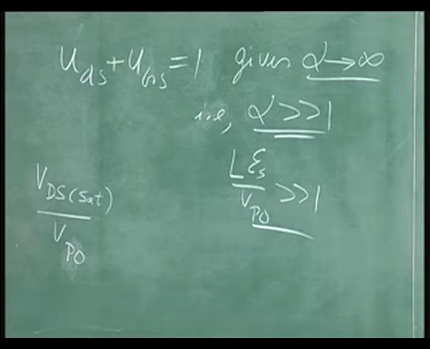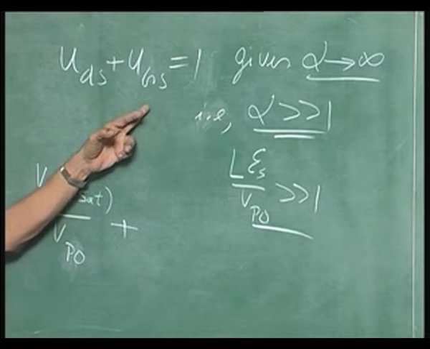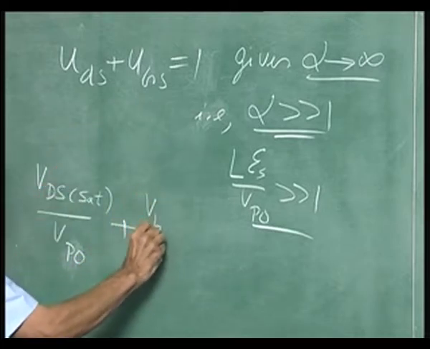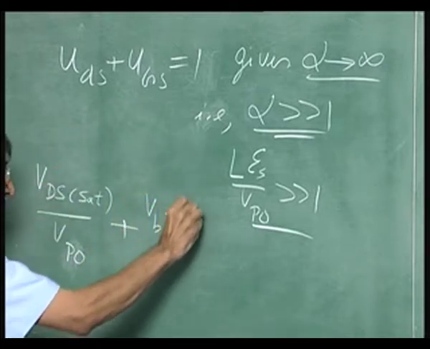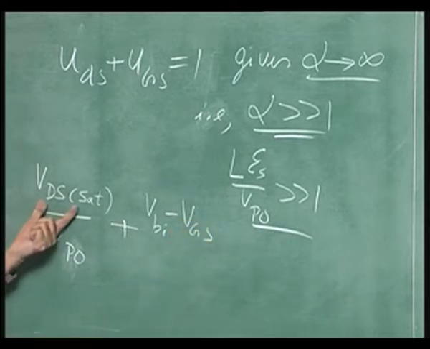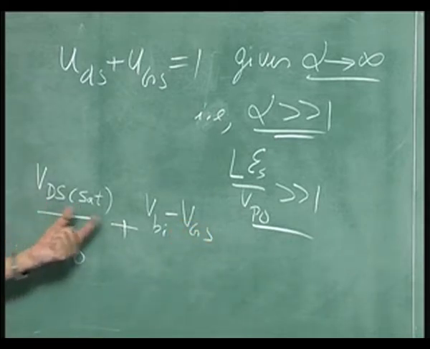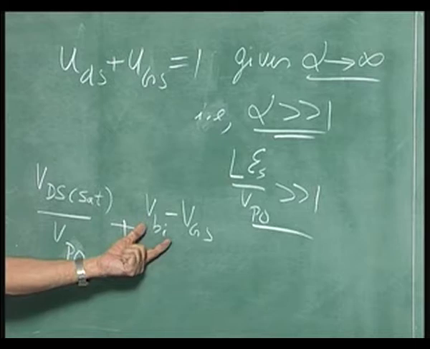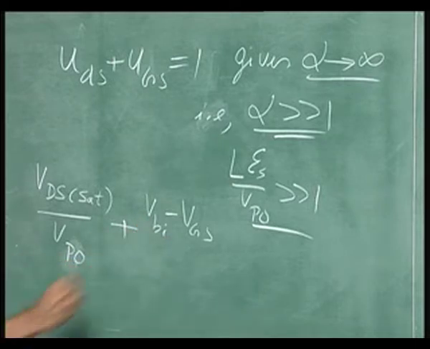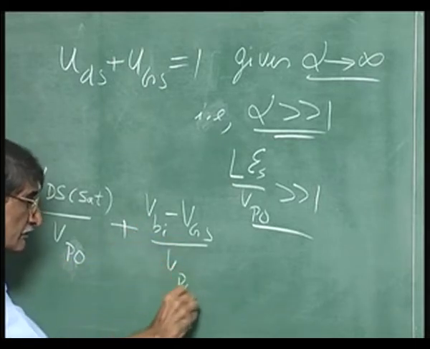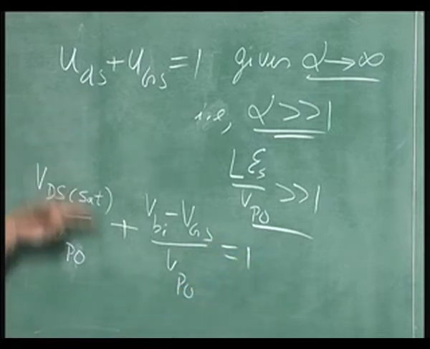That is UDS. Second term is, what is that? VBI minus VGS. This is the potential drop across the depletion layer at the source end, divided by, that is what you have written.